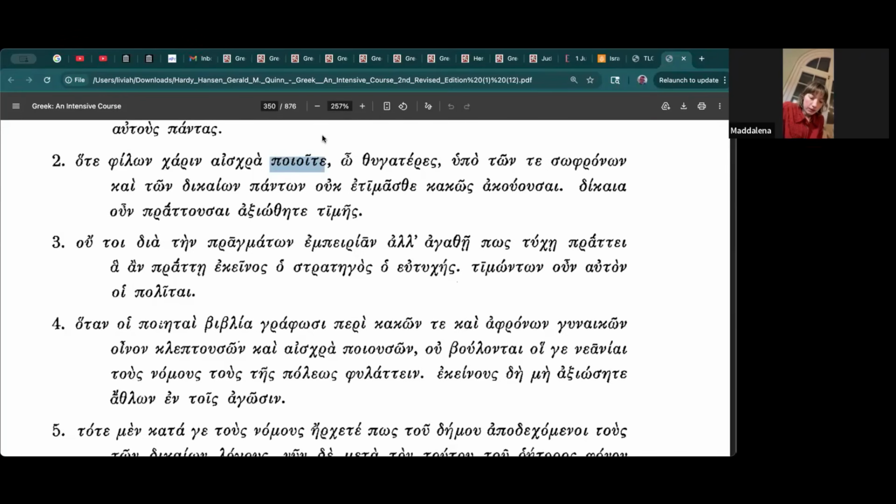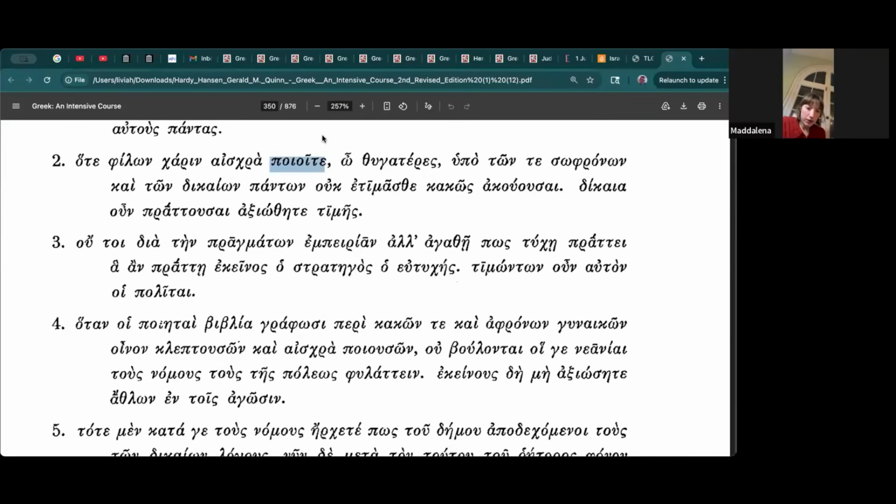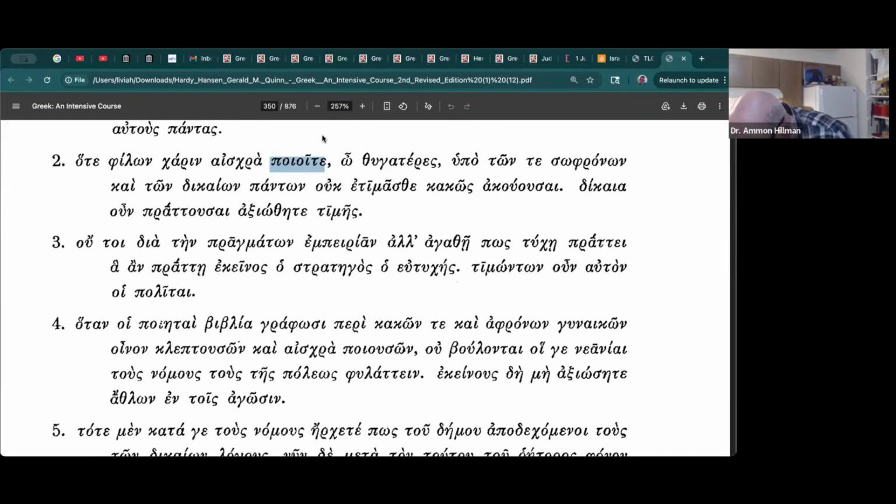So etimaste is having being honored, right? Is that what you said? No, it just translated as a perfect. I mean, as an imperfect, right? Go to page 321.